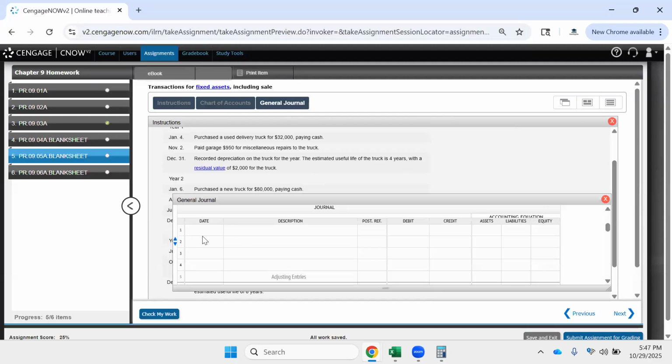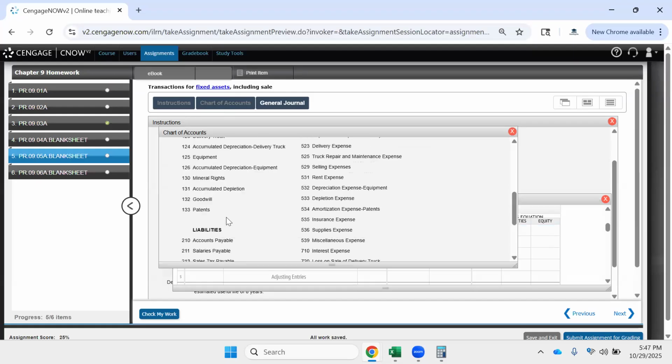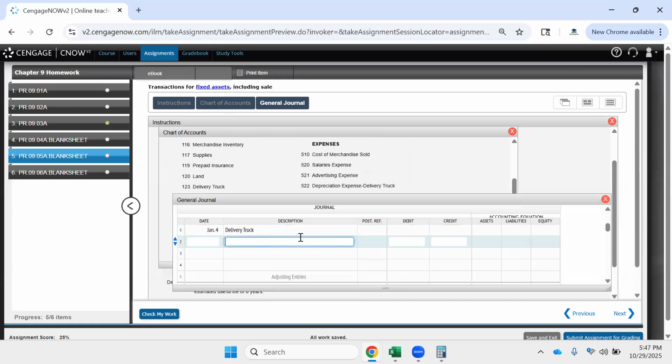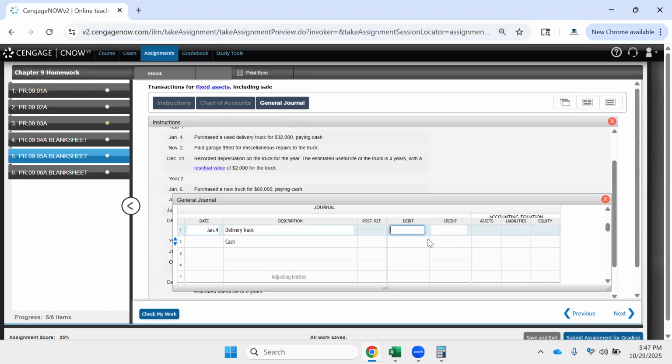We purchased the truck on January 1st or January 4th. In our chart of accounts, delivery truck is our asset. So we debit delivery truck, and we purchased it in cash, so we're going to credit cash.